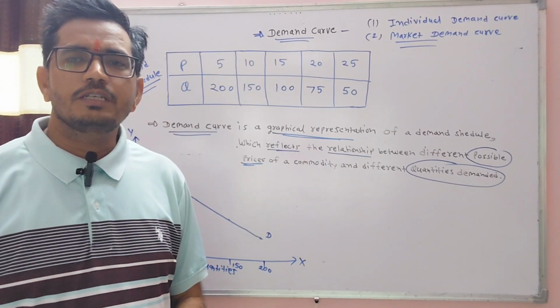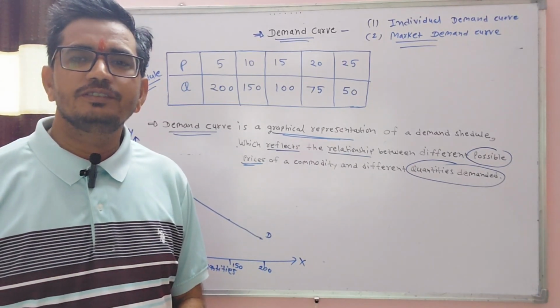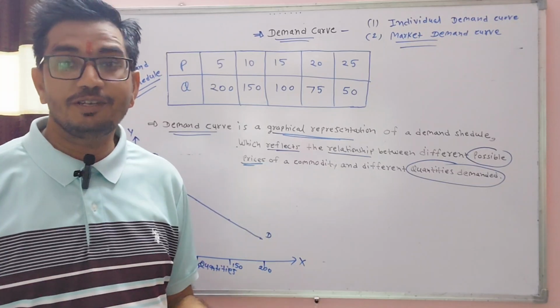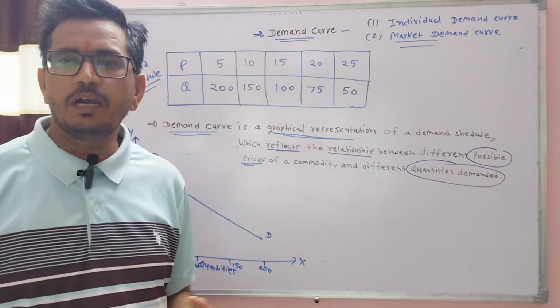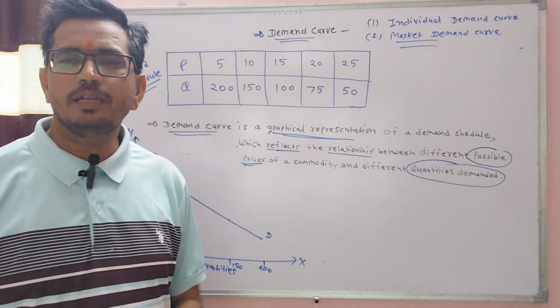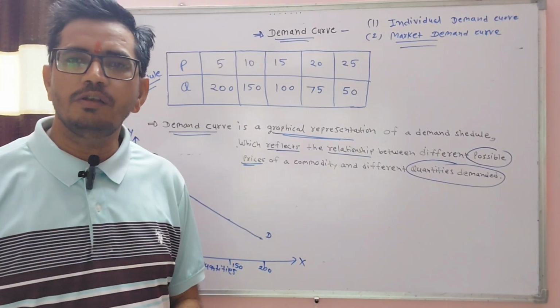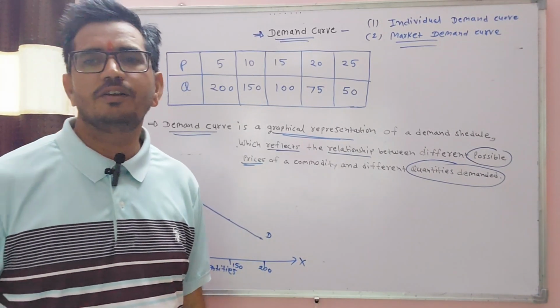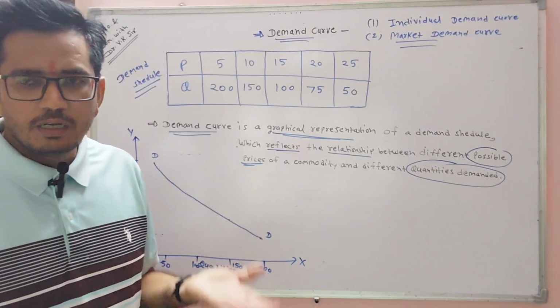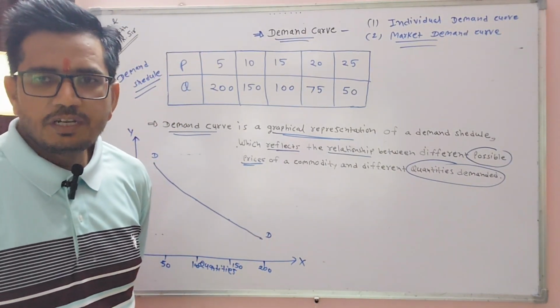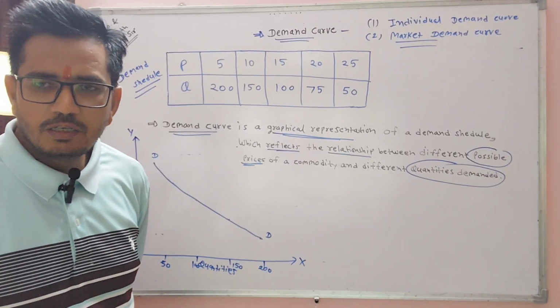And after that, when we discuss the demand curve, the demand curve is a graphical representation of the demand schedule. Like this, the demand schedule is a tabular presentation of individual demand.